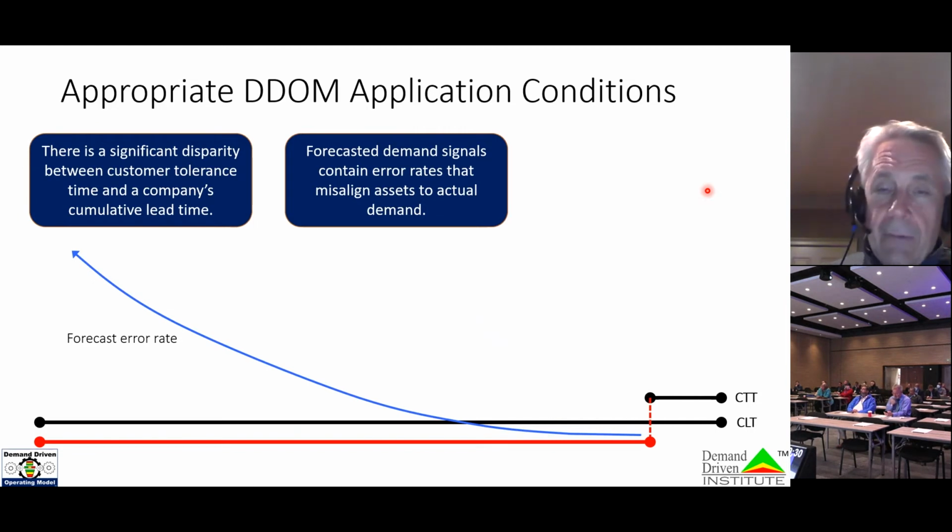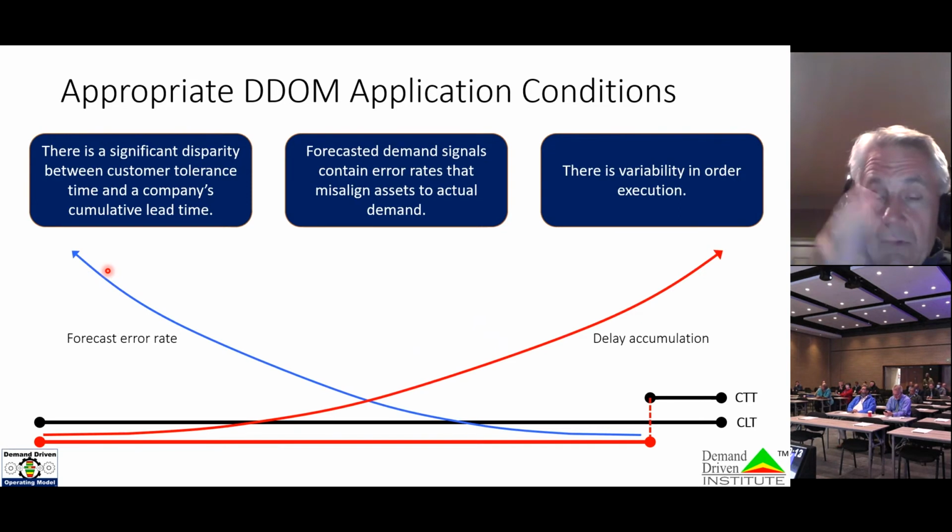The longer that horizon, the greater that gap, the more we are, by definition, bringing forecast error into the picture. This is the chronic problem that we all are familiar with in an MRP kind of concept. And then there's a second effect as well: the longer that string of events, the more likely that there will be variability in order execution.